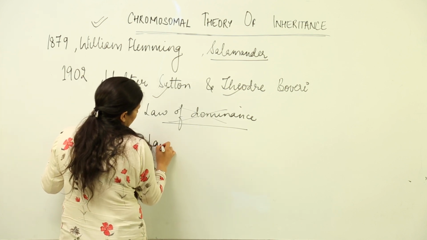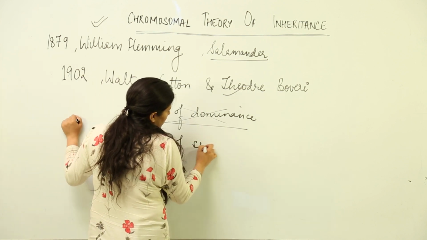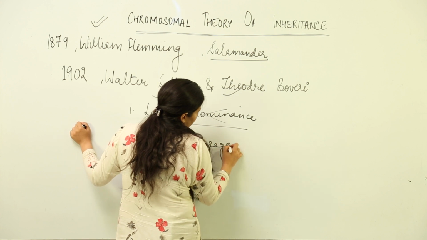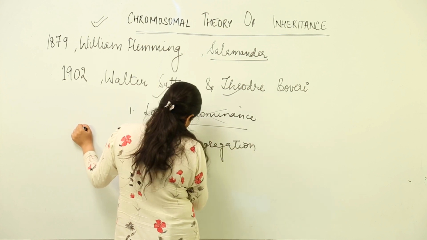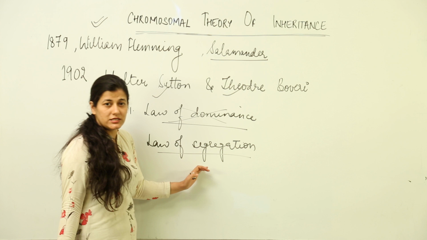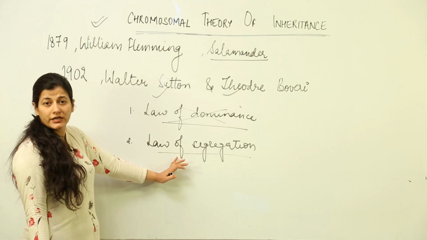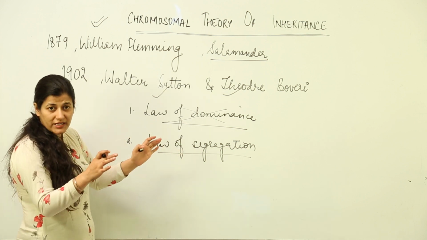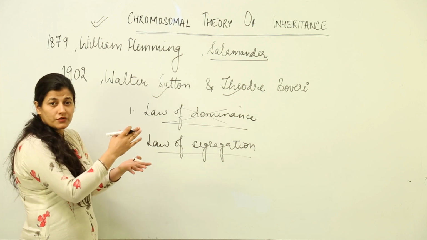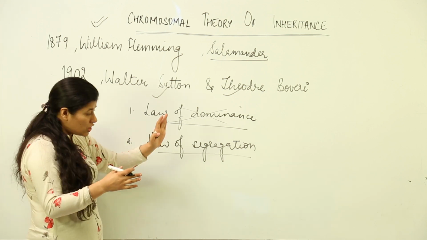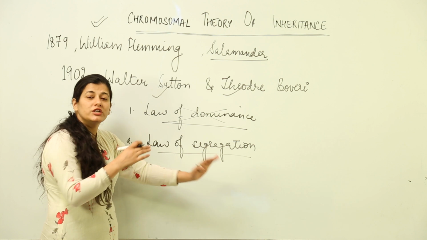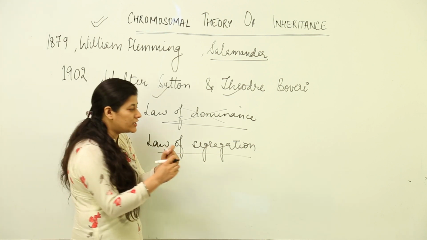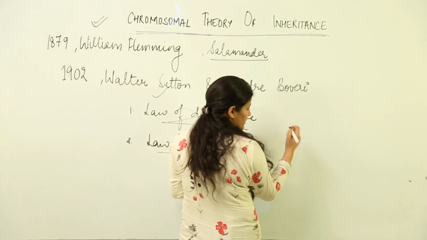Second is law of segregation. Now you very well know that because meiosis is being studied, because we are going to target the germ cells, in the germ cells the composition of the chromosome number has to get reduced to half, so the genes and their alleles would get segregated, and same happens when we see chromosome.